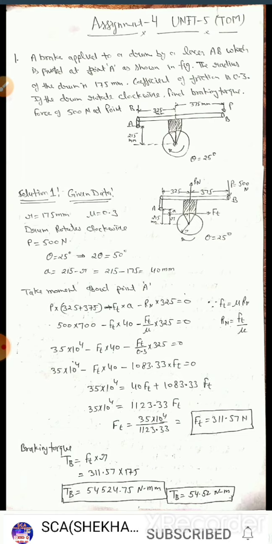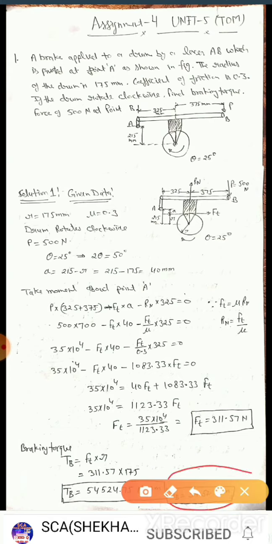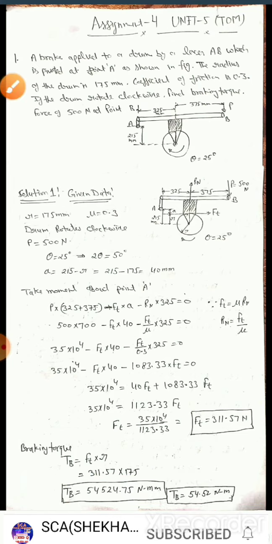So Tb is equal to 54.52 Newton meter as tangential braking torque. So first question is solved.